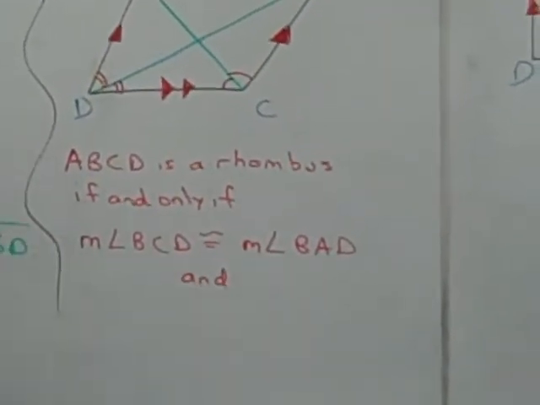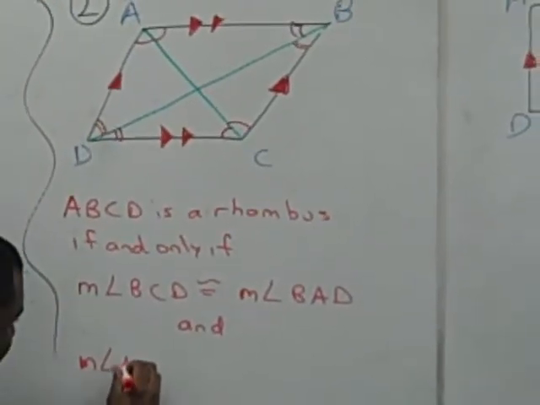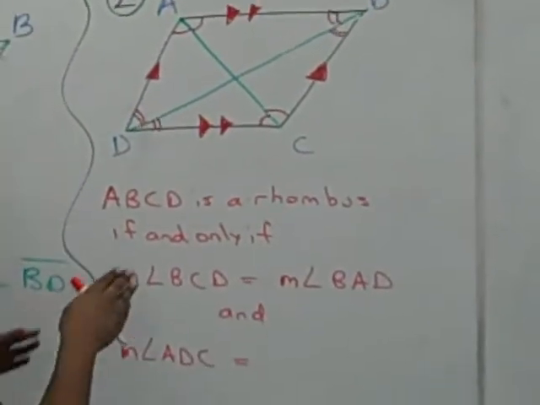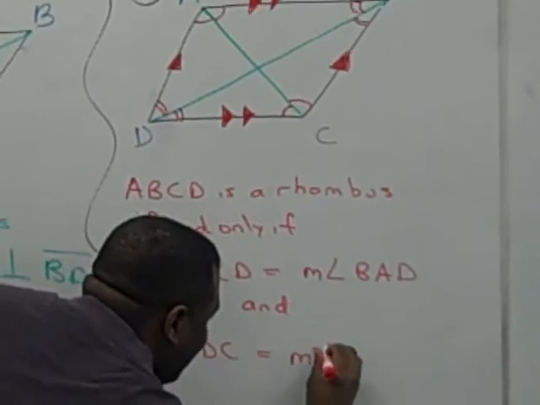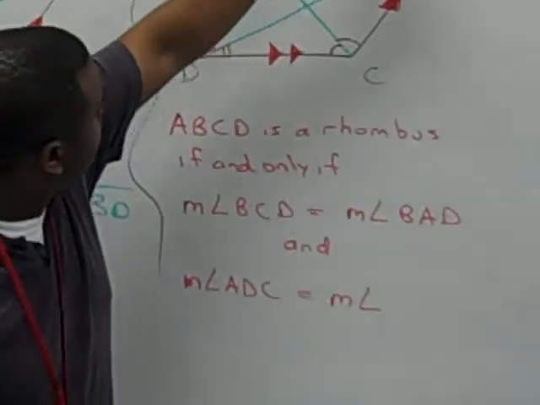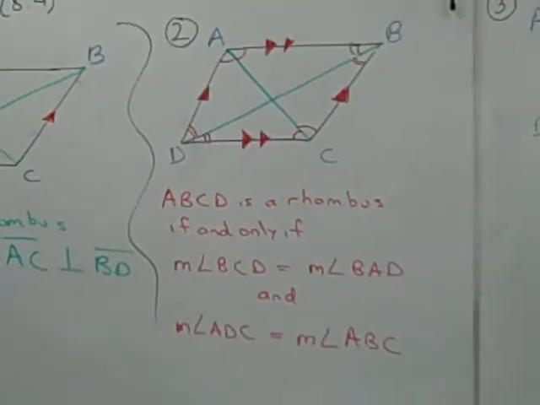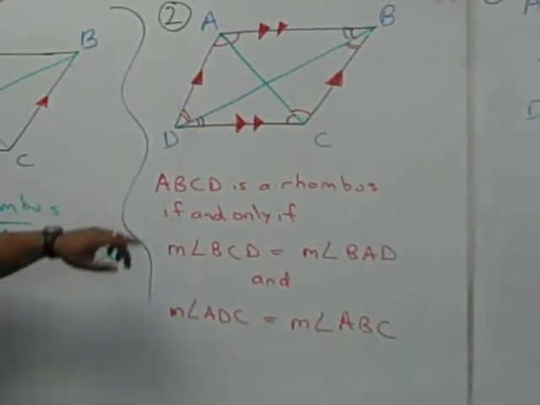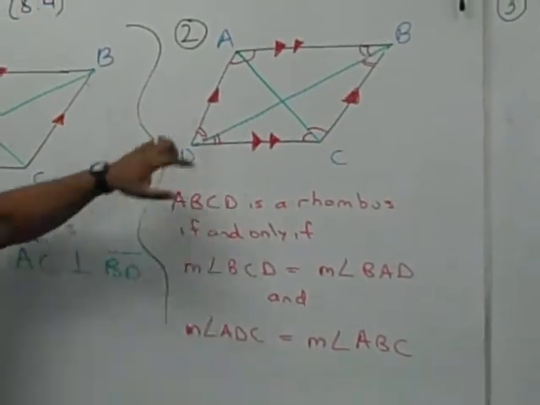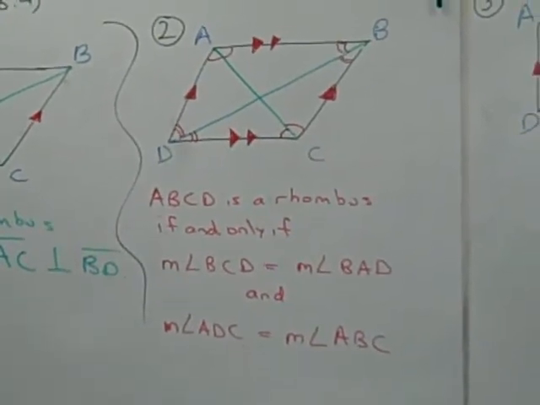And the measure of angle ADC is equal to, I should not say congruent by the way, because I'm talking about measurements, so equal to the measure of angle ABC. So it's only a rhombus if this whole angle and this whole angle are equal, and this whole angle and this whole angle are equal. That's the only way it's a rhombus.